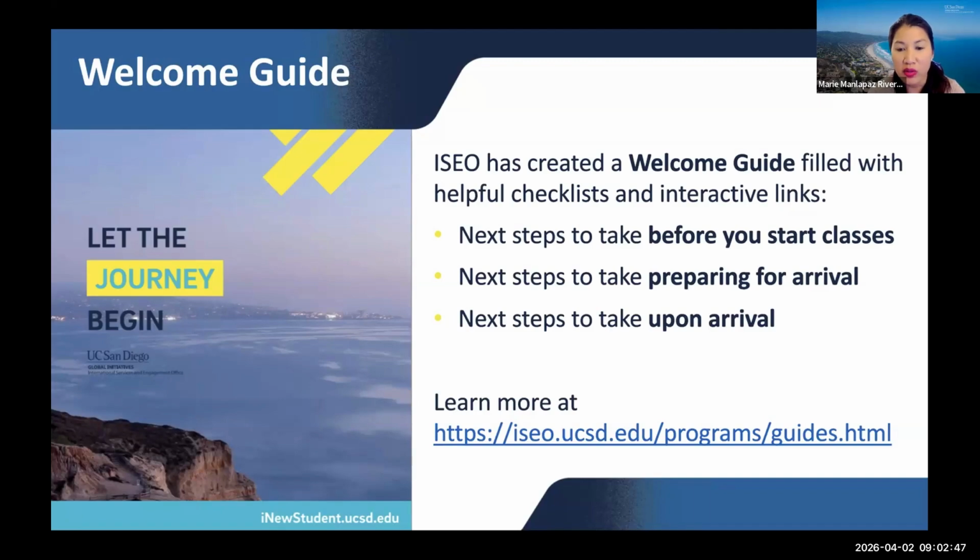ISEO has provided some great newsletters that are helpful. We have a great resource in our welcome guides. ISCO has created welcome guides filled with helpful checklists and interactive links that cover your next steps, what to do before you start your classes, and the next steps to take upon your arrival here at UC San Diego.